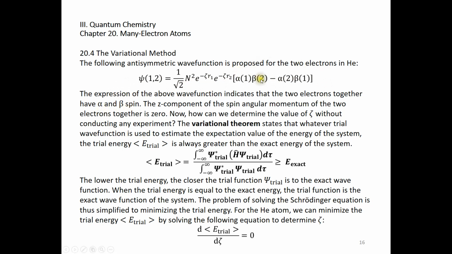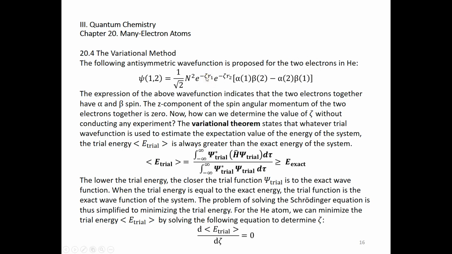The z component of the spin angular momentum of the two electrons together is 0. So we know there's plus 1/2 h bar and minus 1/2 h bar, so together it's 0.